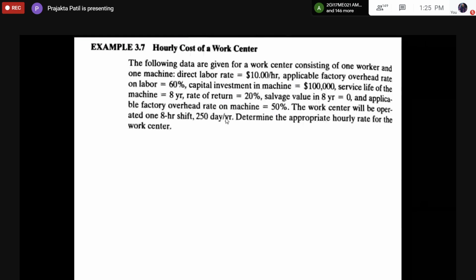So this is the problem statement. You can read it once again and write down the data that is given. From this problem statement, we can determine this given data.